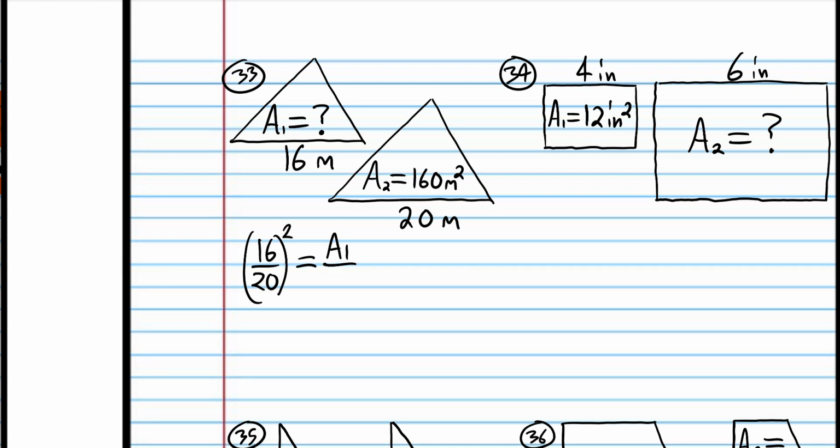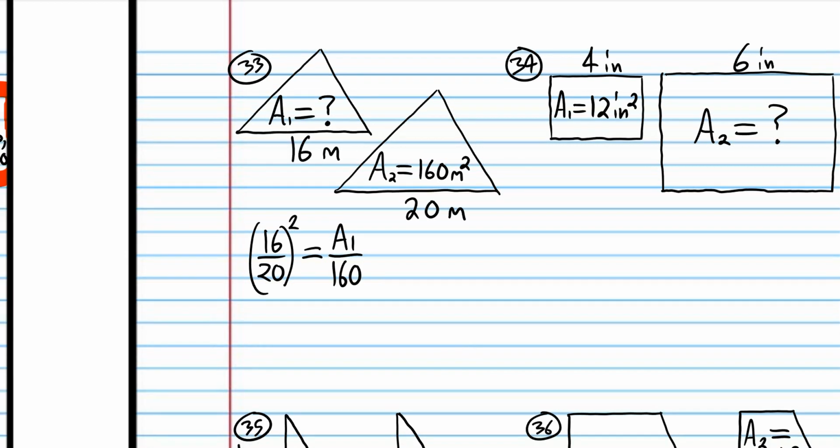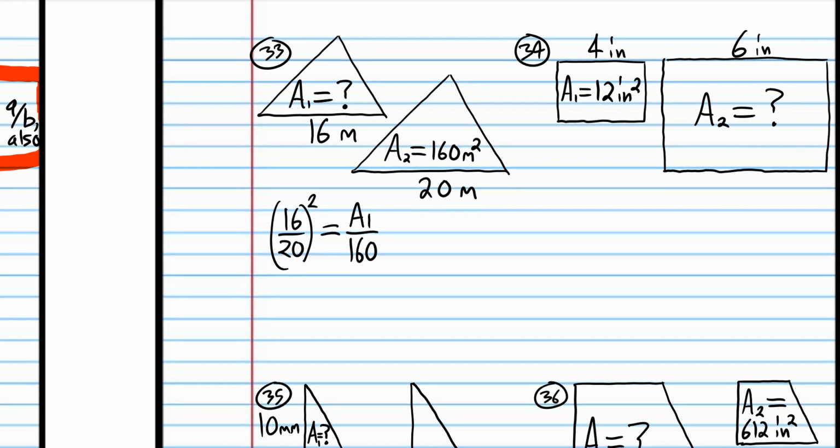So A1 over A2, and we know A2 is 160. So we're going to reduce, and we get 4/5. And square 4/5, and we get 16 over 25.